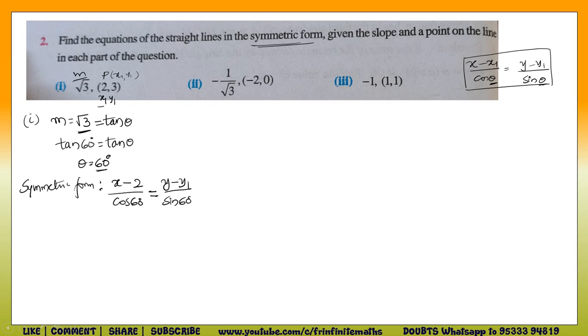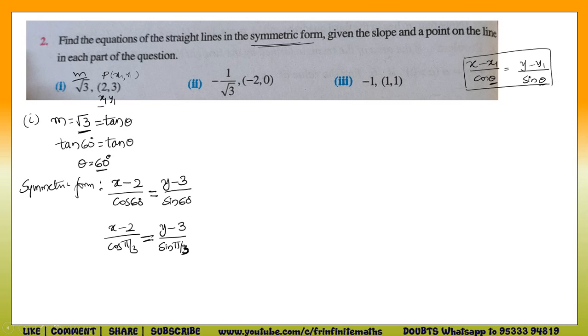Otherwise you can represent this as (x minus 2) by cos of pi by 3 is equal to (y minus y1), so we need to substitute y1. What is the value of y1? 3. So (y minus 3) by sin pi by 3, pi by 3 radians. So this is nothing but my line equation. Likewise you need to represent all these things.